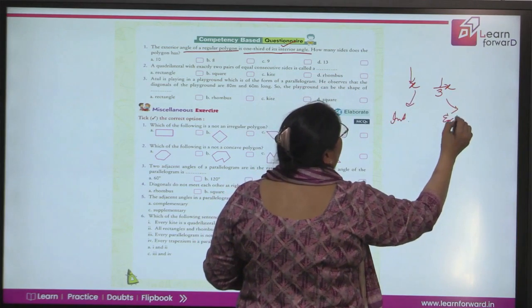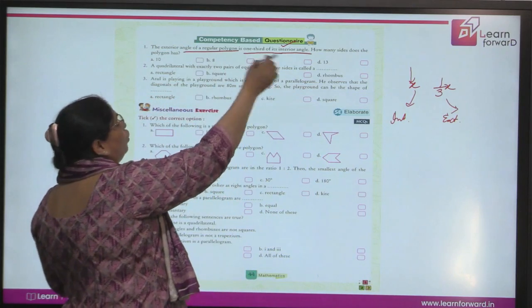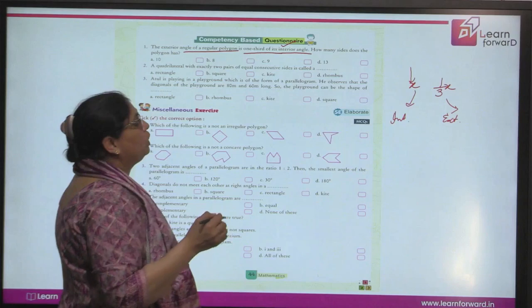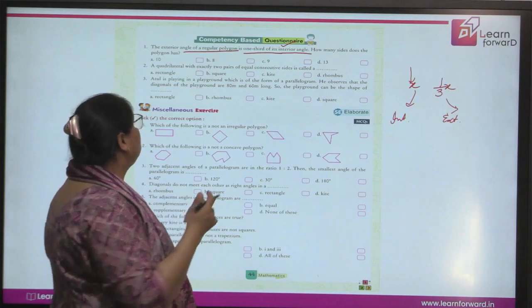You can find out this question after solving, as you know that the sum of exterior angles is always equal to 360 degrees.